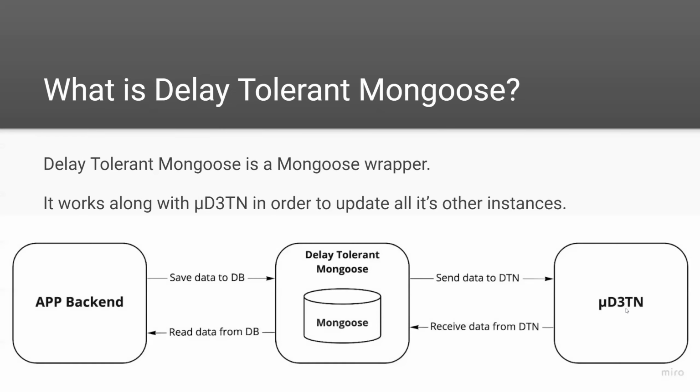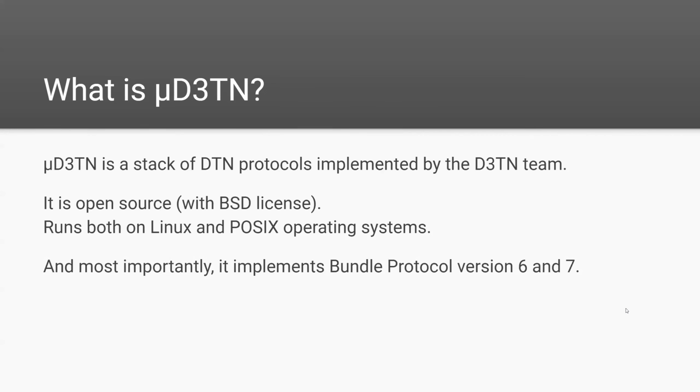So micro-DTN, as I mentioned before, is a protocol stack that has implementations of several protocols, such as the bundle protocol that is used on delay tolerant networks. It implements the bundle protocol version 6 and 7. They are the first, I think, to implement version 7.